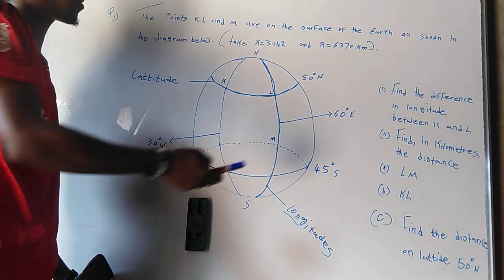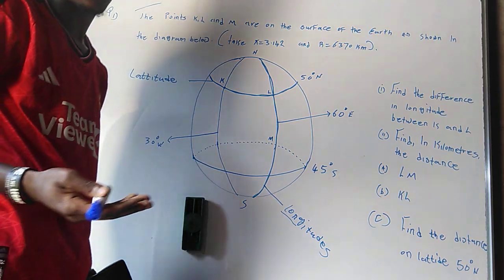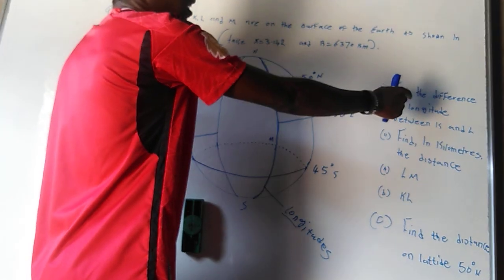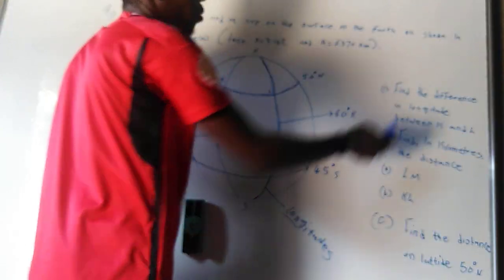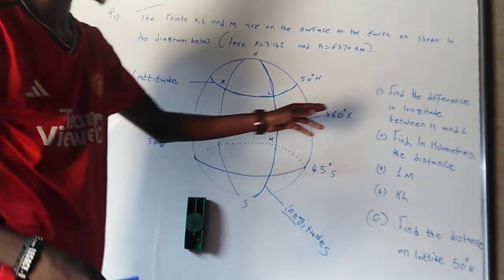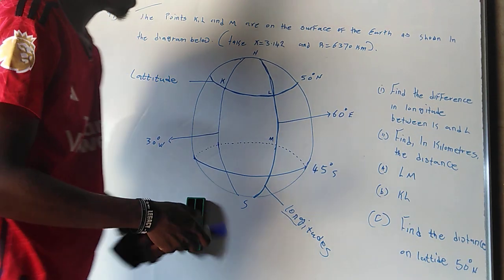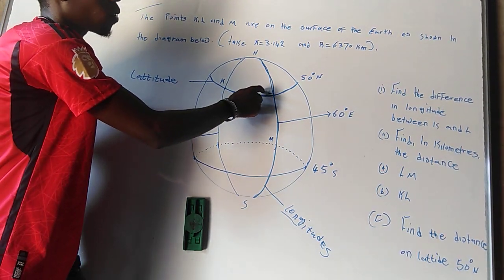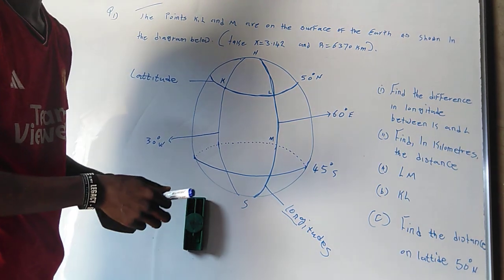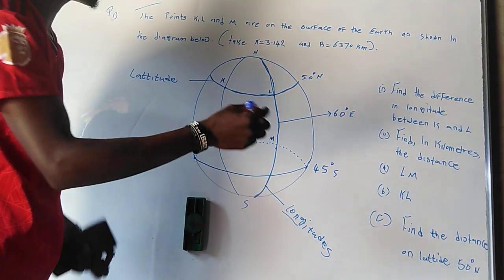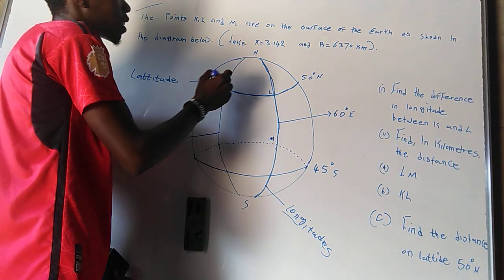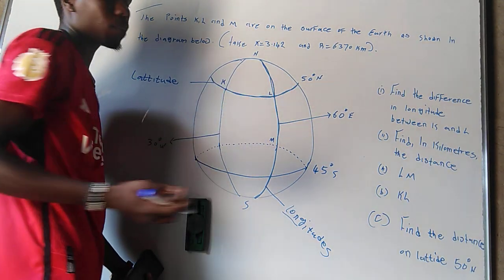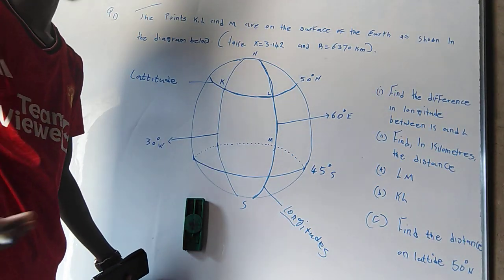Now let's attempt the questions. The first question says find the difference in longitude between K, this is our K, and L. There is supposed to be latitude, not longitude, since K and L lie on the latitude. Remember what I said about the definition of the latitude.